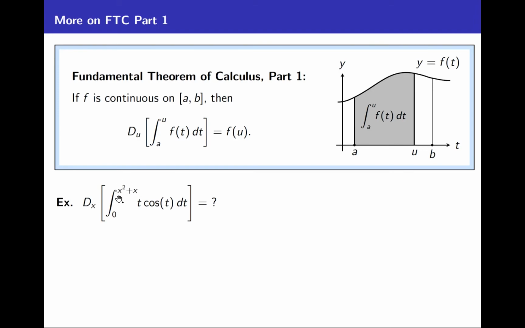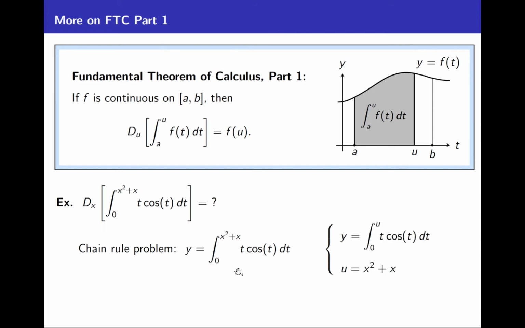And now we can look at this integral here as a composition. It's really a chain rule problem. We're looking to take the derivative of the integral from 0 to x squared plus x of t cosine t dt. We want the derivative of this function, but write it this way.